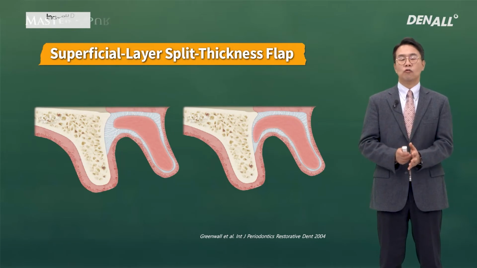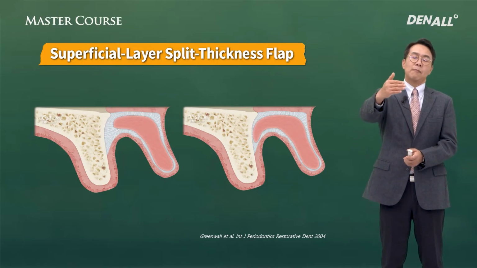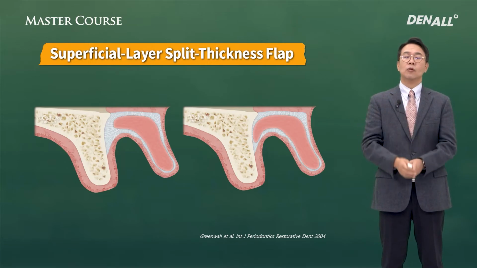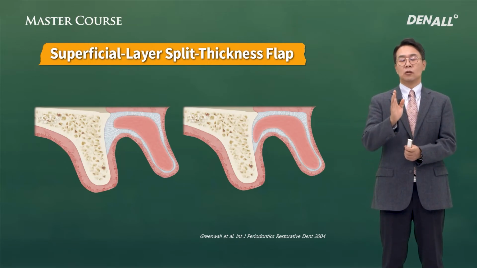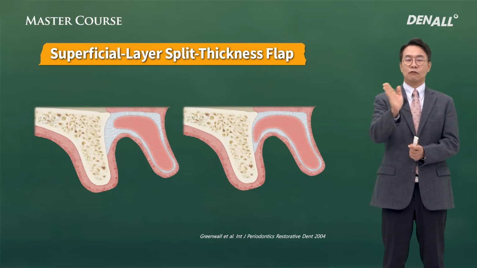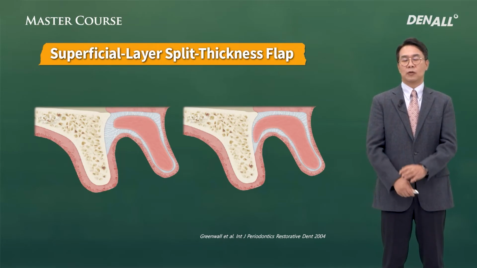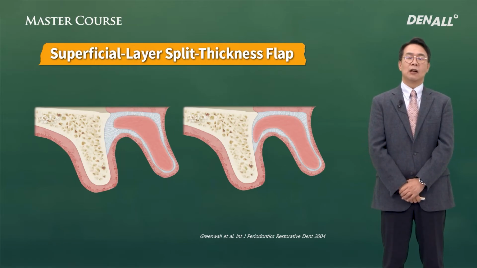In that case, you can dissect the muscles from the inside of a flap, so it is called a double flap. The layer is split, so a superficial layer split thickness flap is made.